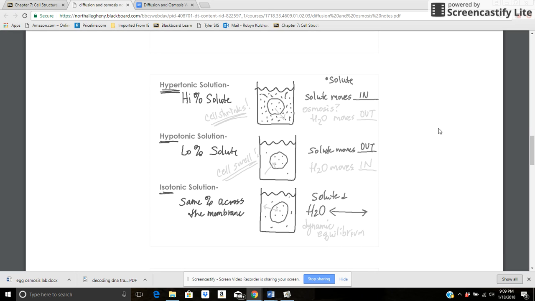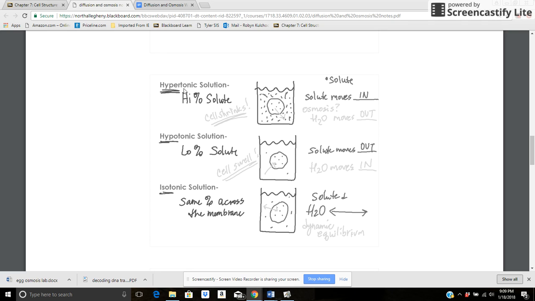You can read all this and you can copy this down, and I definitely would, but I feel like students in the past have always struggled with this, so I don't want to just say, here you go, copy it, good luck. I wanted to take a few minutes to just talk about it with you guys. So when we describe a solution, we are describing the solute concentration.